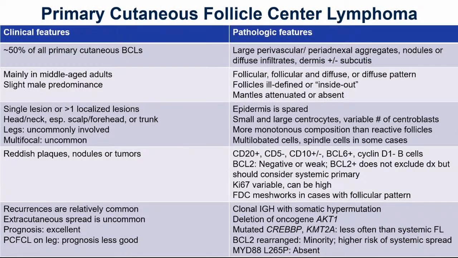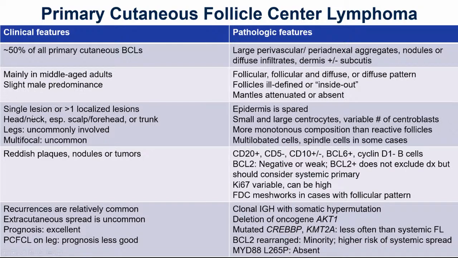The clinical features of primary cutaneous follicle-centered lymphoma include that they are the most common primary cutaneous B-cell lymphoma that one is likely to encounter, mainly affecting middle-aged adults. There's a slight male predominance. Patients may have a single lesion, or they may have more than one group of localized lesions.